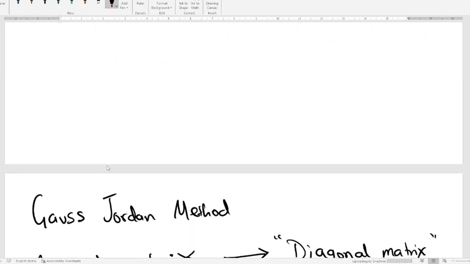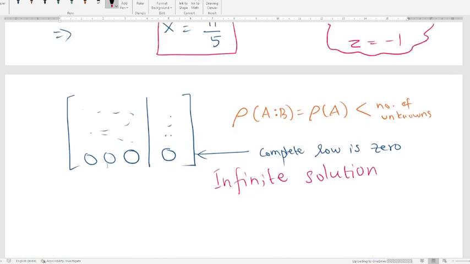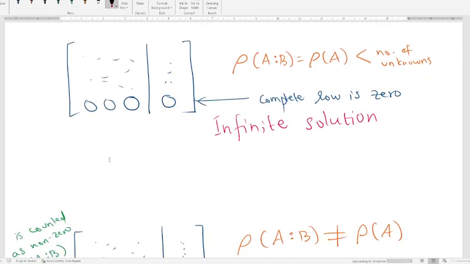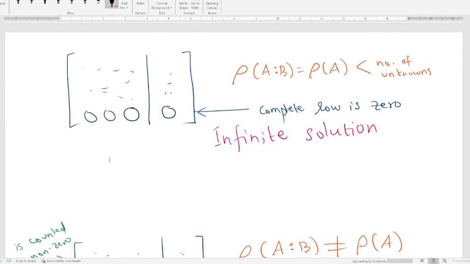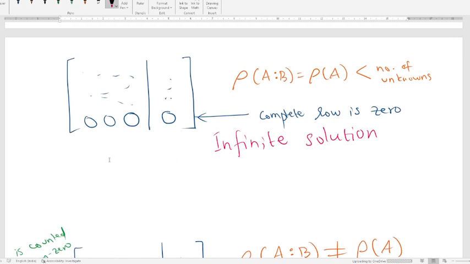Now, when we were working with the linear transformations of our augmented matrix, we came across this issue. What was the issue? What if the complete row is equal to zero? If the complete row is equal to zero, we'll have infinite solutions.